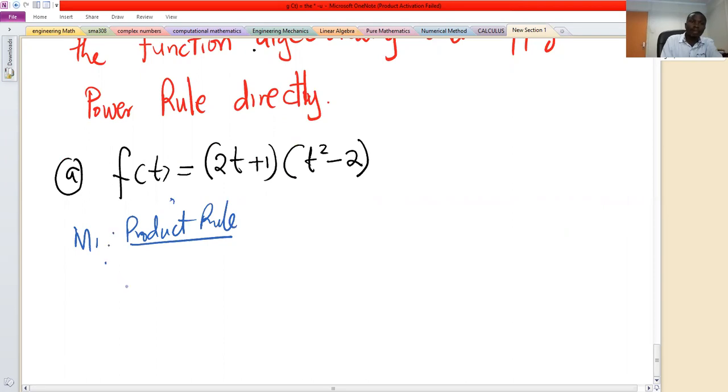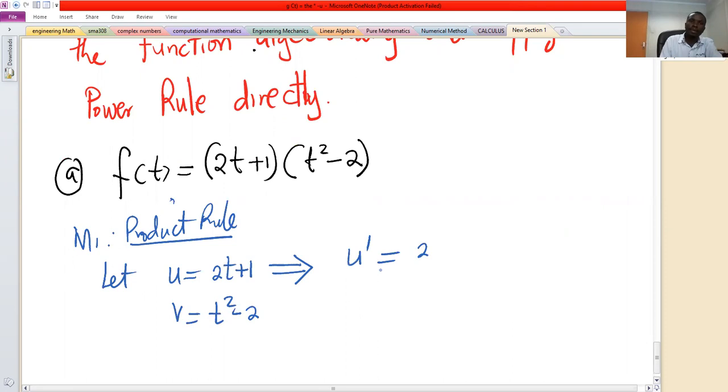So let u to be 2t plus 1 and v to be t squared minus 2. So this means that u prime is 2, and this means v prime is 2t.